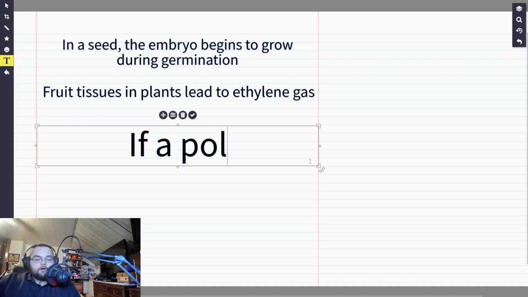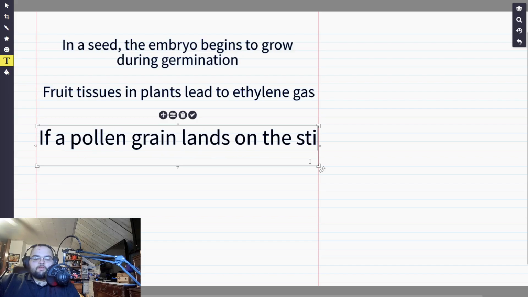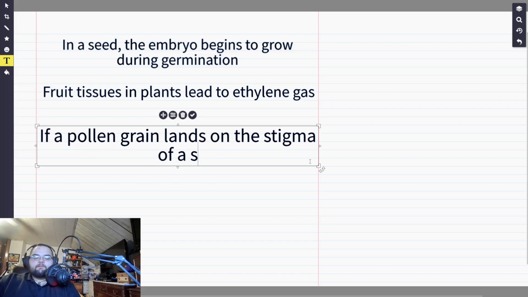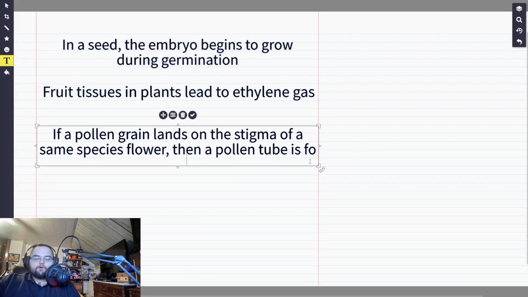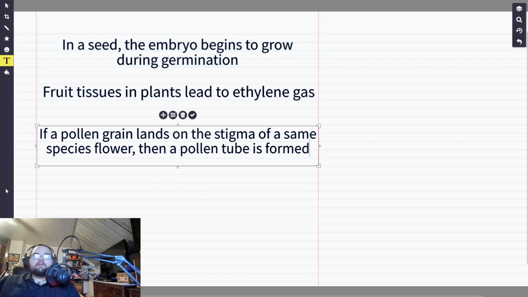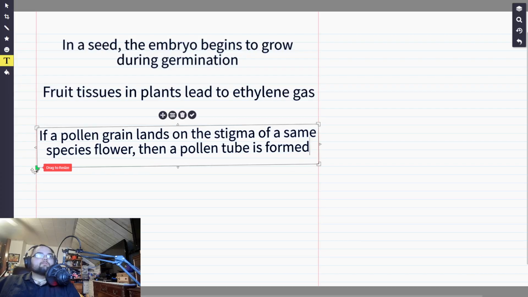If a pollen grain lands on the stigma of a same species flower, then a pollen tube is formed. So that's kind of self-explanatory. It says it right there. Oh, don't want a diagonal.